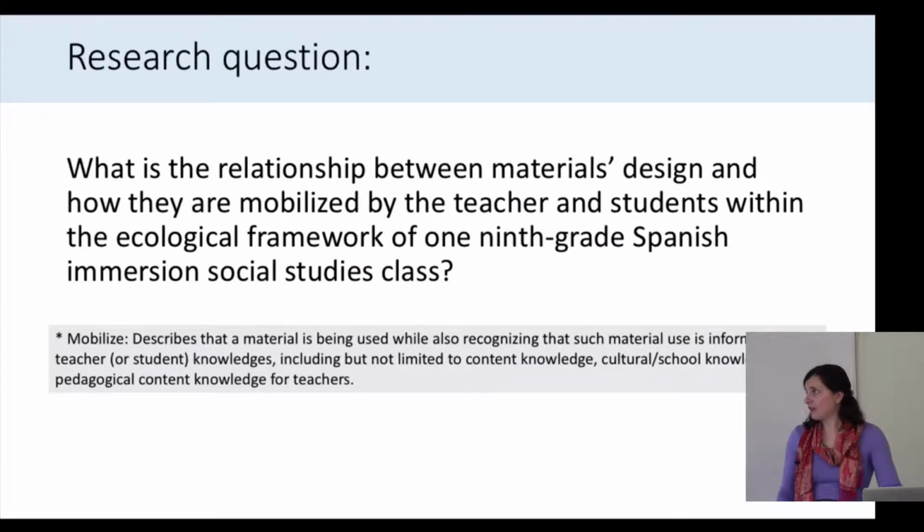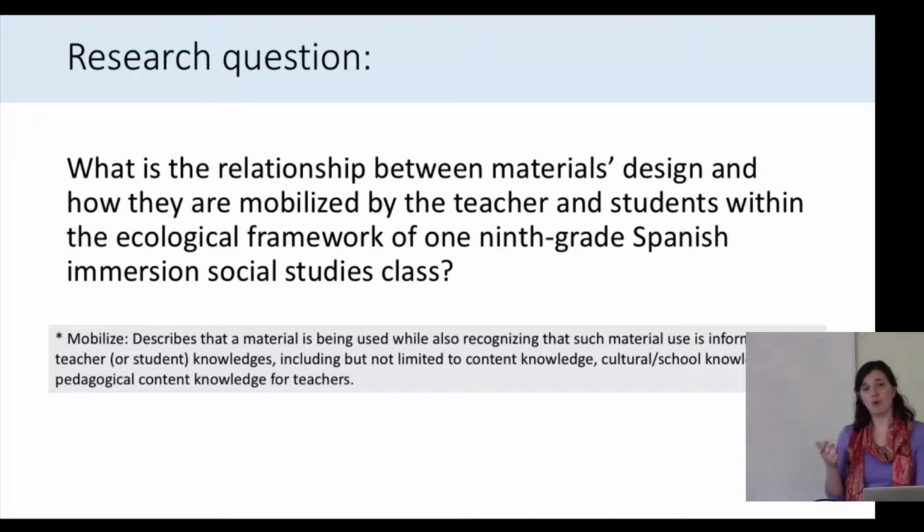And so I created this research question: what is the relationship between materials design and how they are mobilized by the teacher and students within the ecological framework of one 9th grade Spanish immersion social studies class? I purposefully use the term mobilized throughout this work because I believe it adds a description that the material is being used, but also recognizes this use is informed by different knowledges that the teachers and students bring to the interaction.